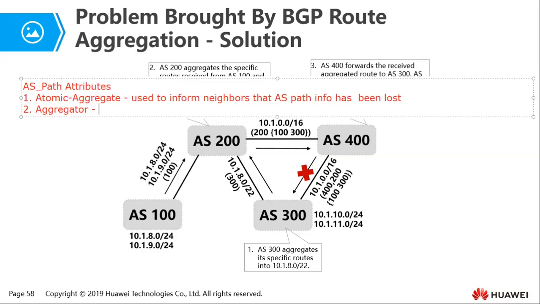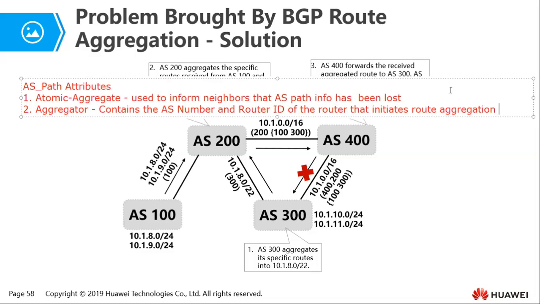Then the aggregator, this one contains the AS number and the router ID of the router that initiates route aggregation.